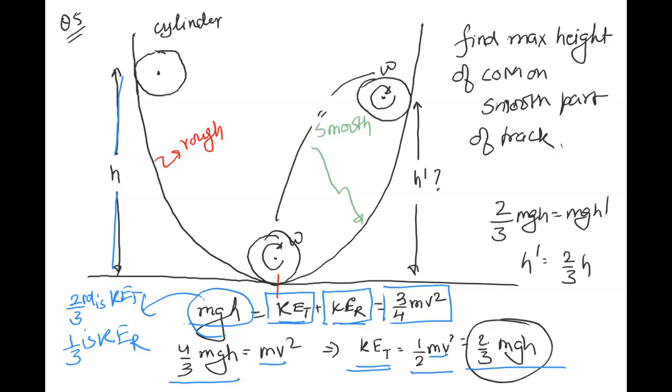So the potential energy that the object will gain as it goes up must only be converted from the translational kinetic energy part. And since the translational kinetic energy part is 2/3 of the total energy, therefore it will only go up to 2/3 of the initial height.